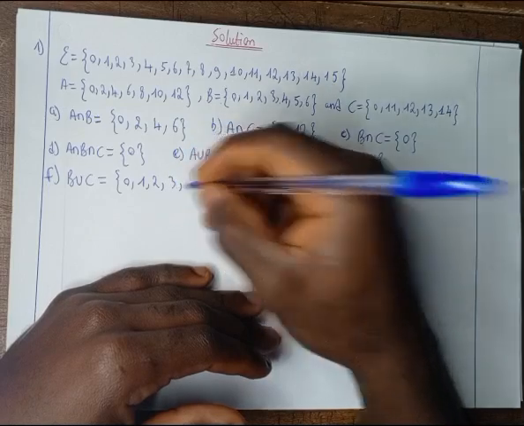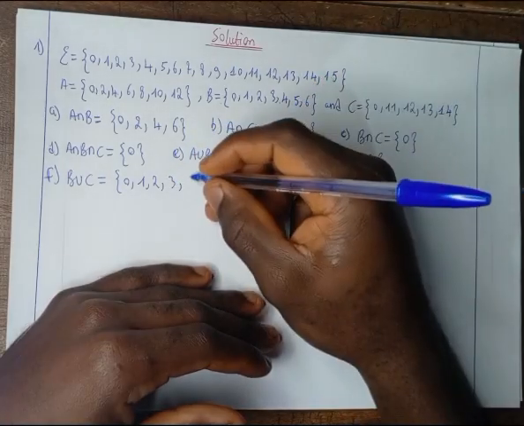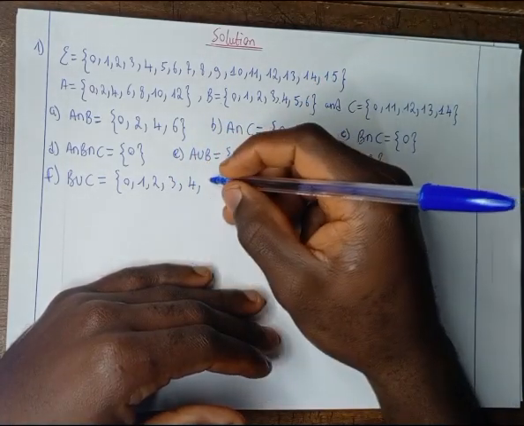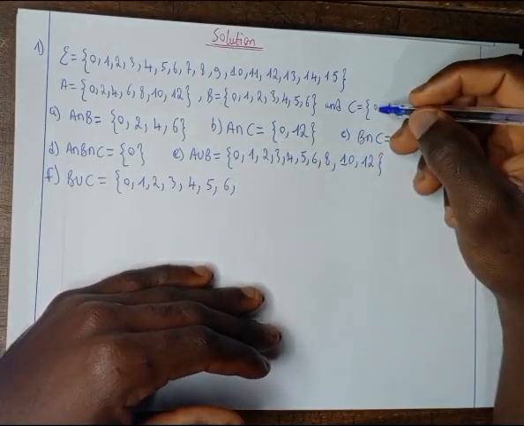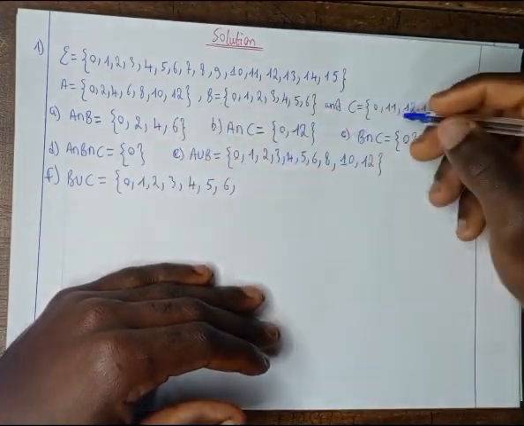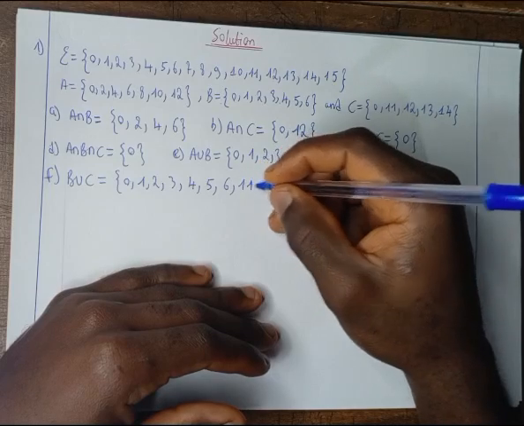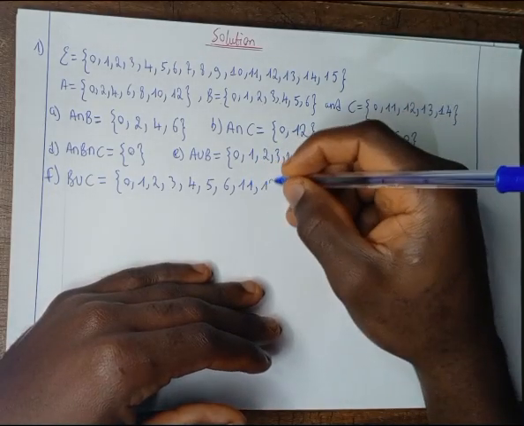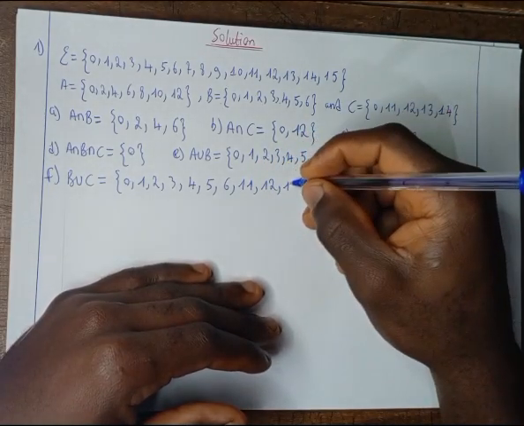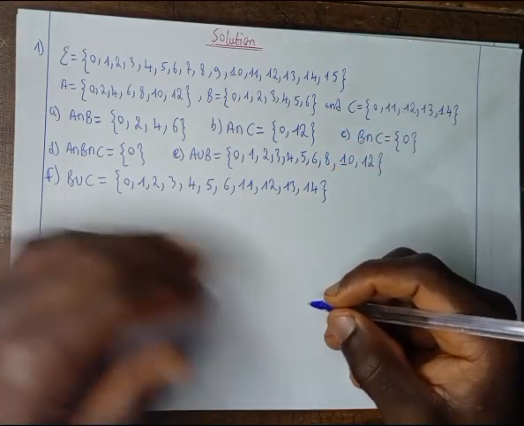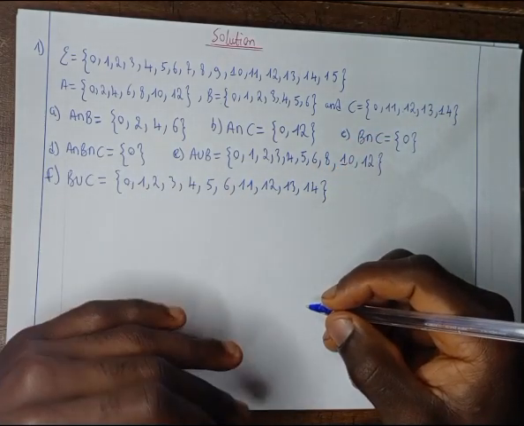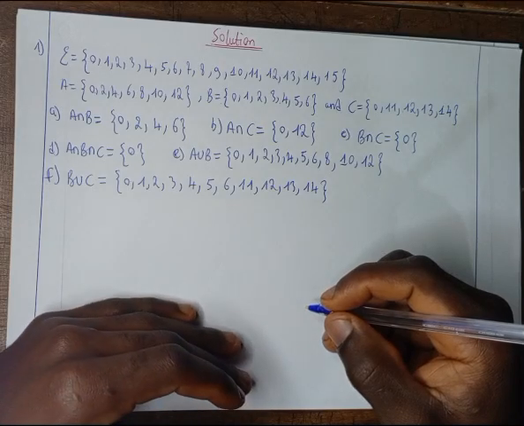We go now to 3. We go to 4. We go to 5. We go to 6. If you go now to the set C, 0 is already here. Just start from 11, 12, 13, lastly 14. So these are the elements of the set B or C.